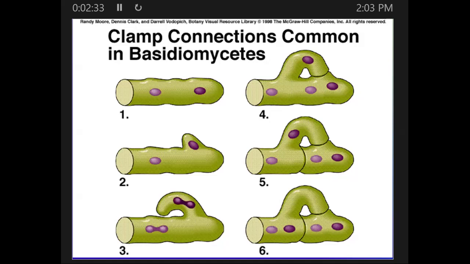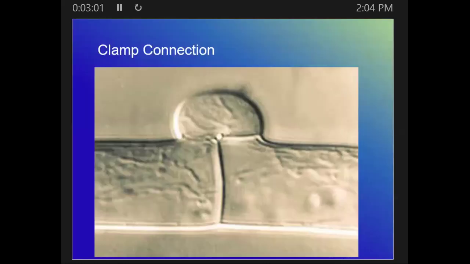They form these weird little bridges, and they think it's a better way of systematically dispersing their nuclei along the length of the hyphae as it's growing. Don't know for sure if that's accurate, but sounds reasonable. Anyways, very characteristic. If I see this under the microscope, I can say with really good certainty, yeah, I think you have some kind of basidiomycete. It would actually look like this under the microscope. So that's very characteristic.